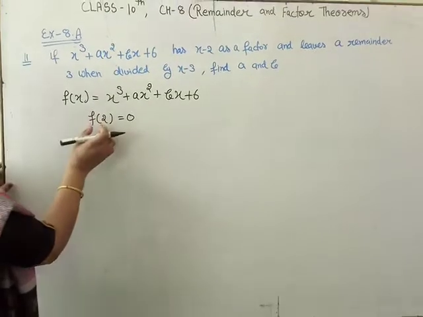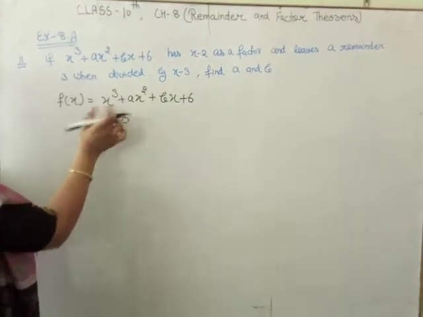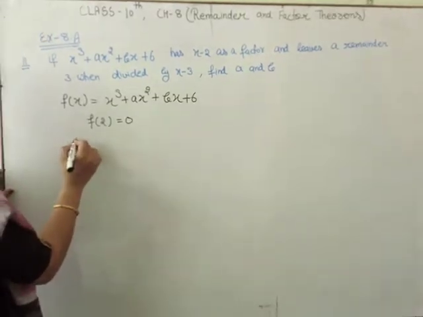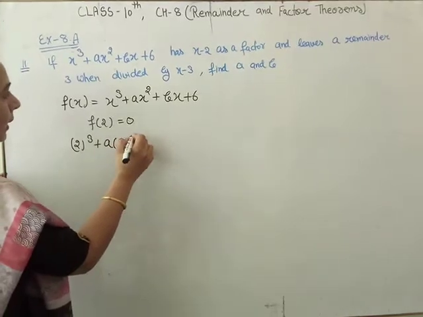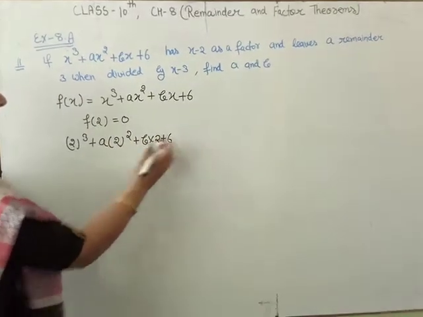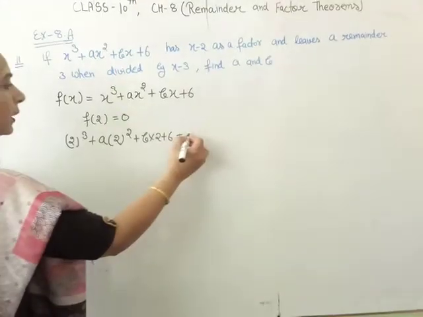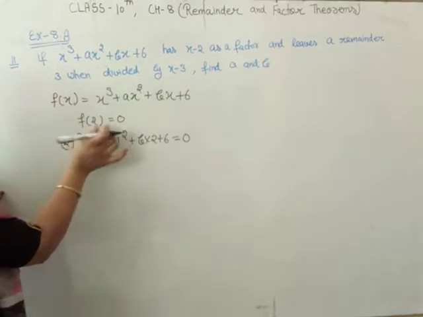So we write first, we find f of 2, then we put 2 in place of x in this polynomial. Then 2 raised to the power 3 plus a into 2 square plus b into 2 plus 6, and this equal to f of 2 equal to 0. Okay student, because x minus 2 is a factor, then remainder equal to 0.